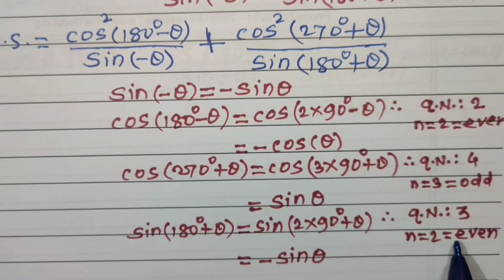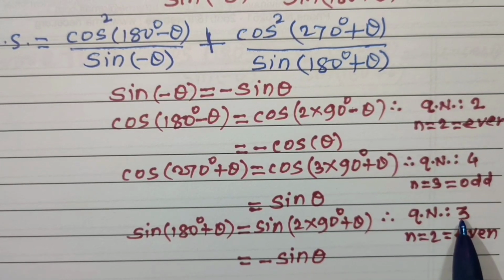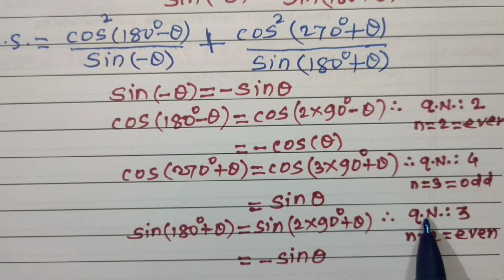Due to n being even, the sine ratio remains sine with acute angle theta, and this minus sign is due to quadrant number 3. Because in quadrant number 3, only tan and cot are positive, and the remaining trigonometric ratios are negative. So sine also becomes negative, minus sine theta.